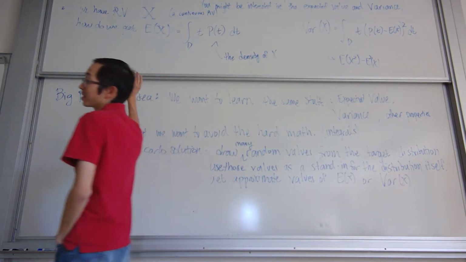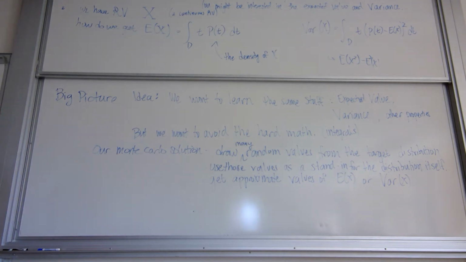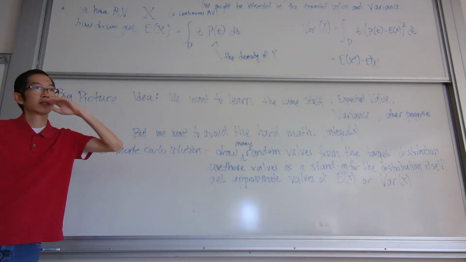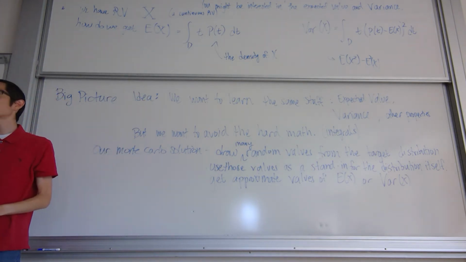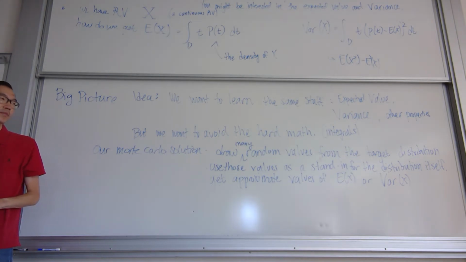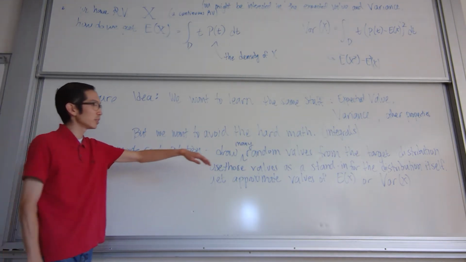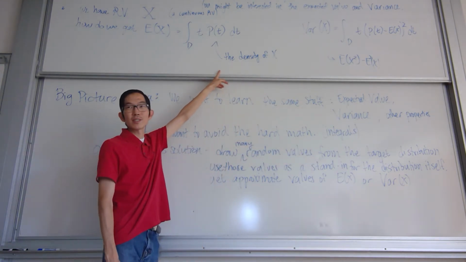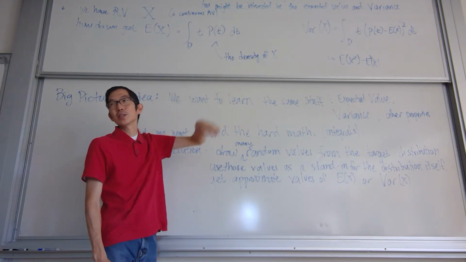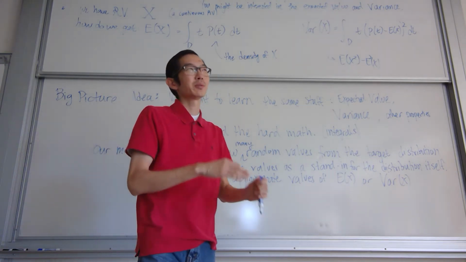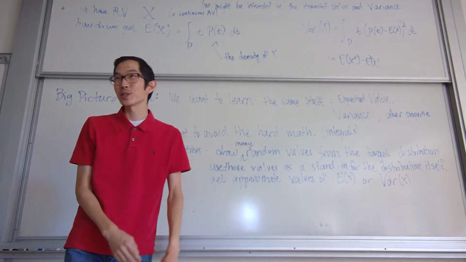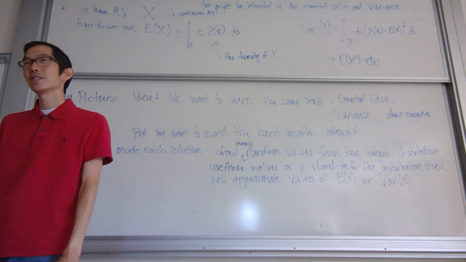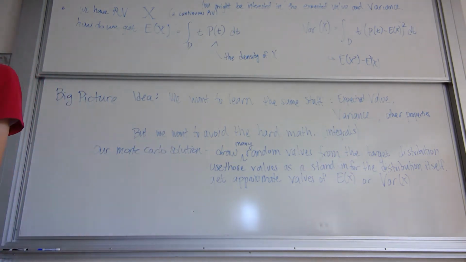And because we're not even worrying about the complicated math, this allows us to tackle very complex distributions, eventually to a point where we won't even know what the density of X looks like, okay? We will know that it is proportional to something. We know the shape of the density, but we don't know the actual formula for the density.